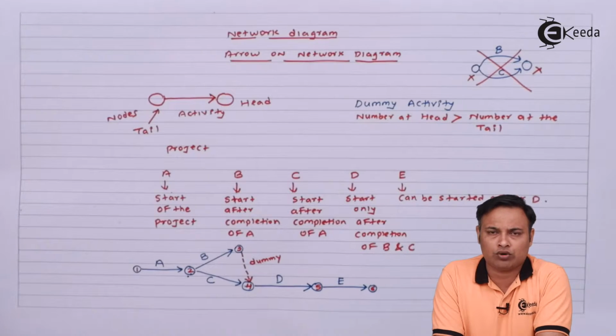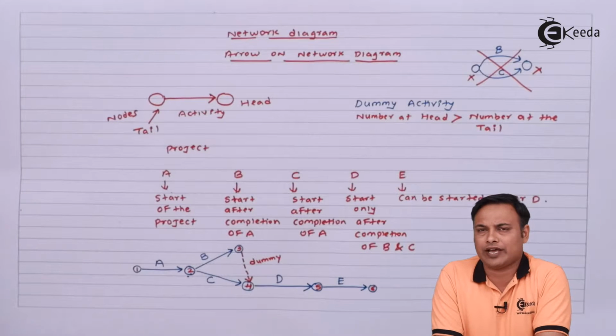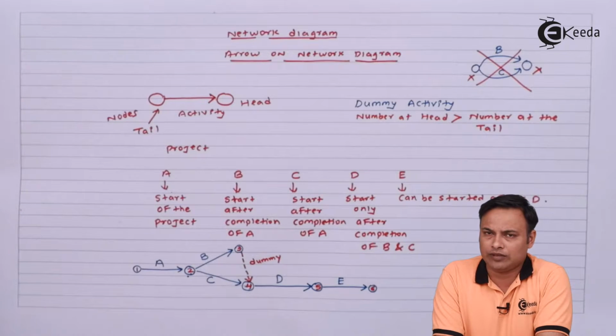In case you have to join activities with a common tail, then you should always put a dummy, then only they can be added. And one more thing, the arrows should not be backward facing. These are few of the basic rules or the general rules that are required to be followed while drawing the network diagram. Let's see one more example and try to understand this concept in more detail.